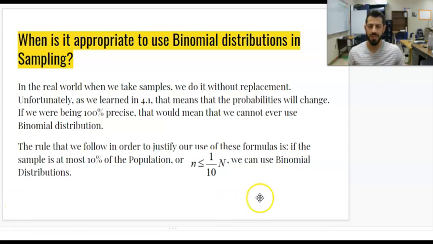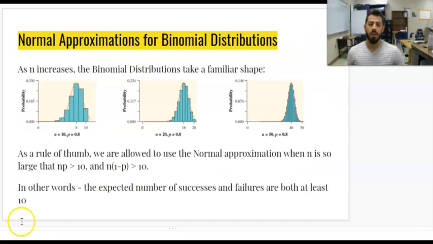So the rule of thumb here is that the sample should be at most 1/10 of the population. Now, for us, if we need to, then as long as n, our sample size, is big enough, more than 10, or I'm sorry, not more than 10.